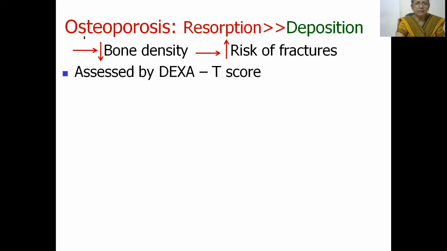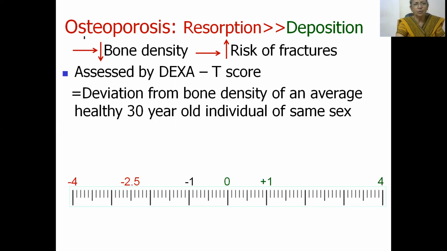How do we know? We don't see the bones. So this can be assessed by dual energy X-ray absorptiometry, DEXA, a technique which gives a T-score for every individual. And this T-score indicates how much is the deviation of bone density of that individual from the average bone density of a healthy 30-year-old individual of the same sex.